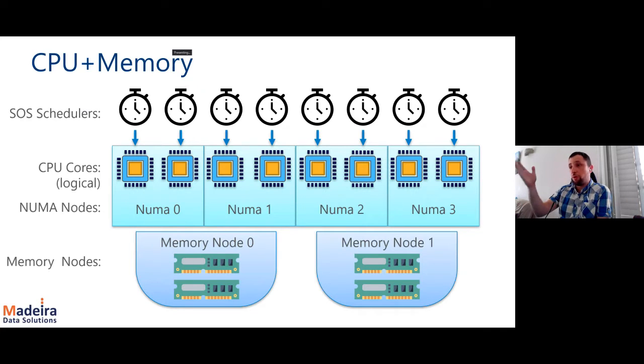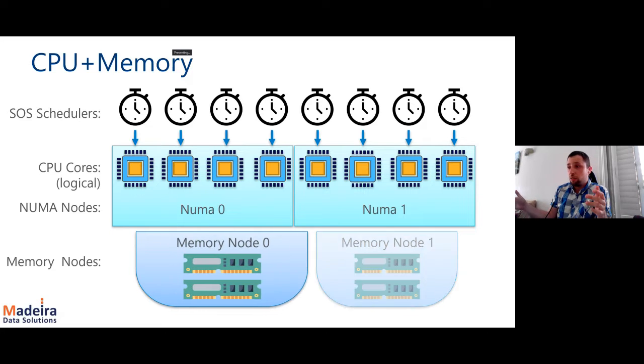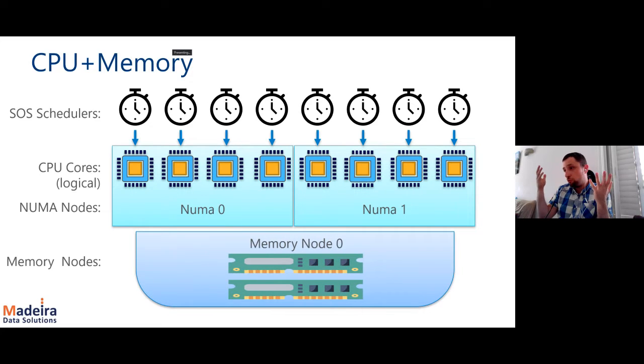In this architecture, we have 4 NUMA nodes. Each pair is assigned to a different memory node, but there could also be architectures where we have 2 NUMA nodes, each one assigned to a separate memory node. Maybe we only have 1 memory node, and maybe we only have 1 NUMA node, which is the same as to say this server is without NUMA.